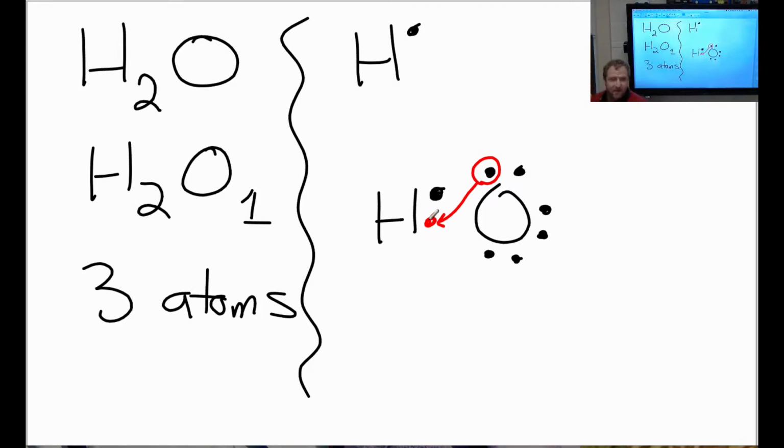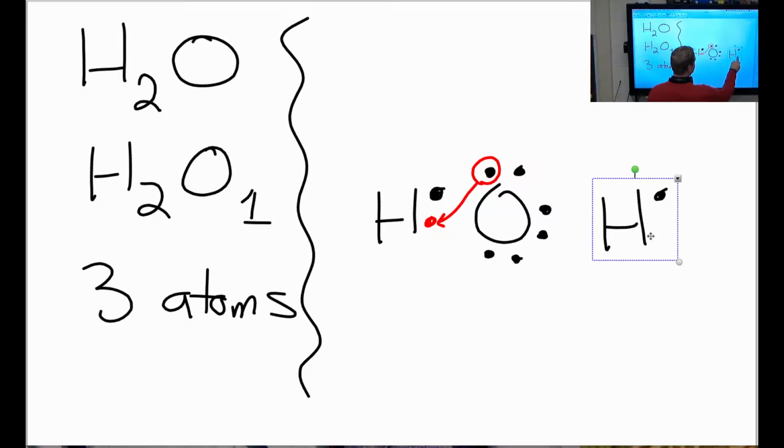Bullet point number 5. Same thing is true over here. This hydrogen, the electron kind of gets moved to the other side, and it shares an electron here.